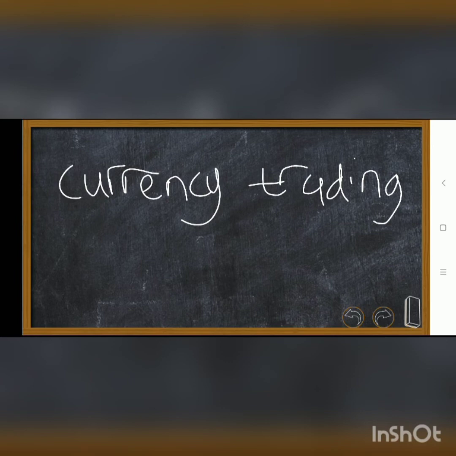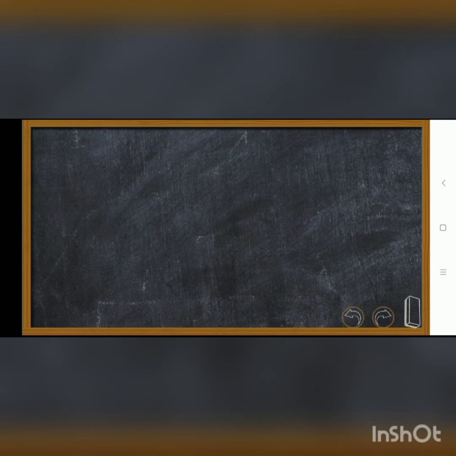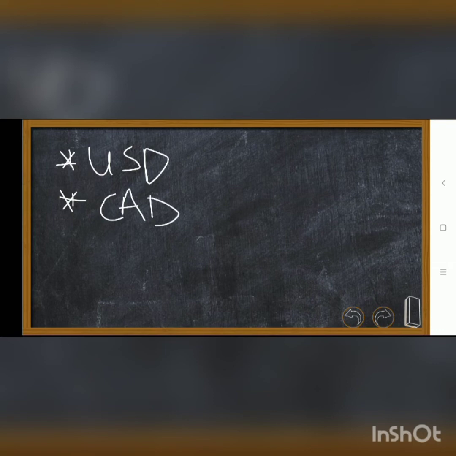So we have different currencies, but I'll highlight the ones which are usually traded. We have the first one being the US dollar. It's a currency used in the United States. We have CAD, the Canadian dollar. It's used in Canada. We have the euro.